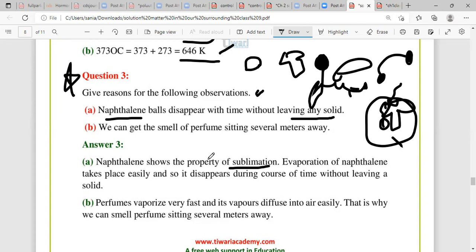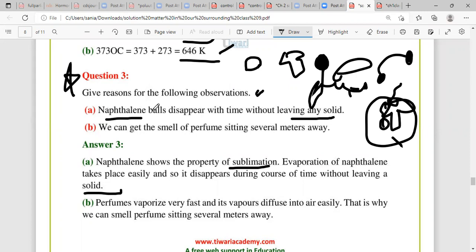Evaporation of naphthalene takes place easily, so it disappears during the course of time without leaving any solid. The solid gets converted into gaseous form. Is it clear?